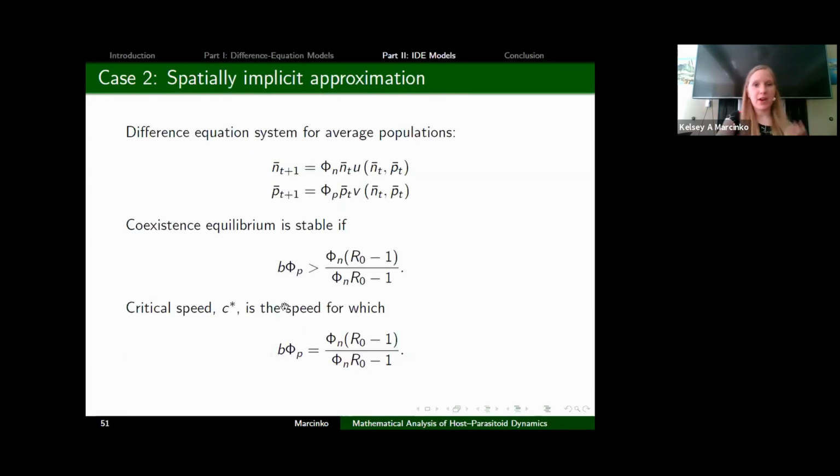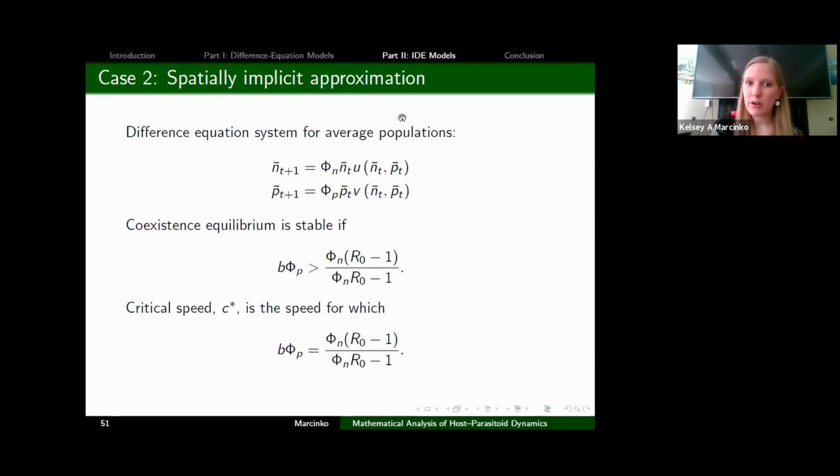The methodology for the spatially implicit approximation case is obviously very different. With this model and approach to the system, I write down a difference equation system for the average populations, and we see this phi n and the phi p, which are the proportion of the population that remains in the patch after dispersal.